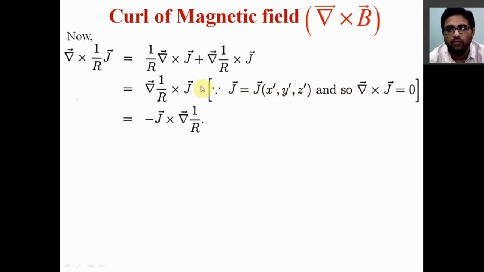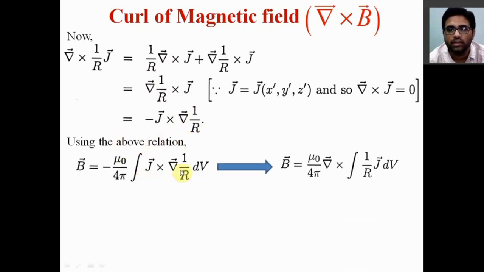And we have this term gradient 1 by R cross J. And after changing the sequence of these vectors, we get minus J cross gradient 1 by R. So using this relation, this form of magnetic field can be written like this.